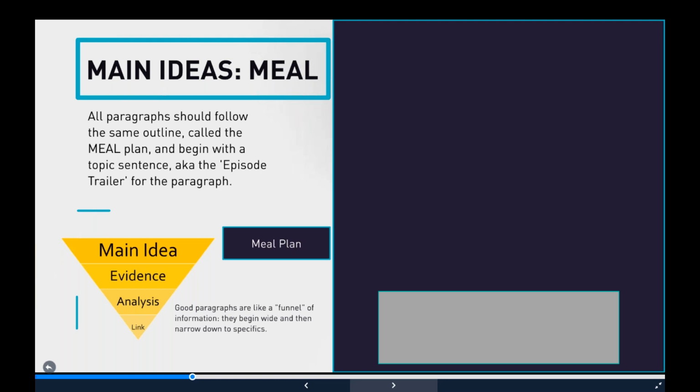Think of this as kind of like the episode trailer for a paragraph. We're not trying to encompass all of the show in one paragraph, but we are trying to encompass all of an episode in one paragraph. Good paragraphs act like funnels, which means that they don't just present a square block of information, they immediately connect to the next paragraph, which provides a lot of argumentation support.